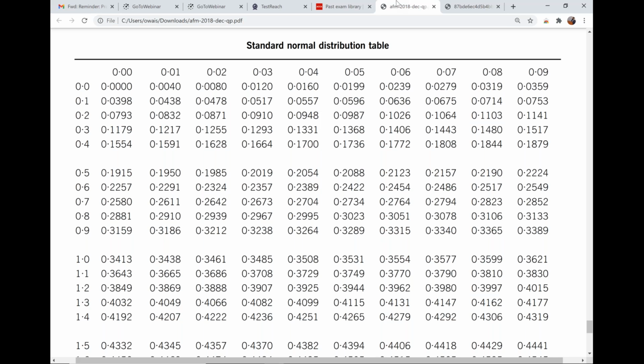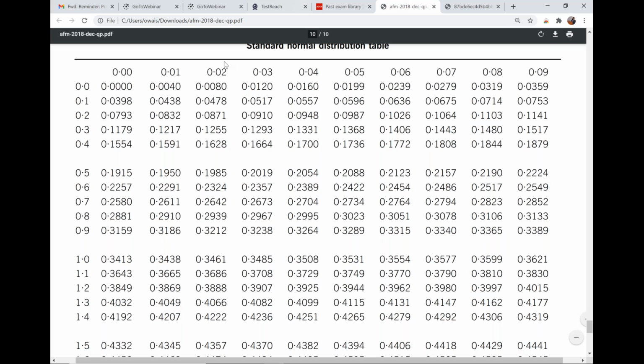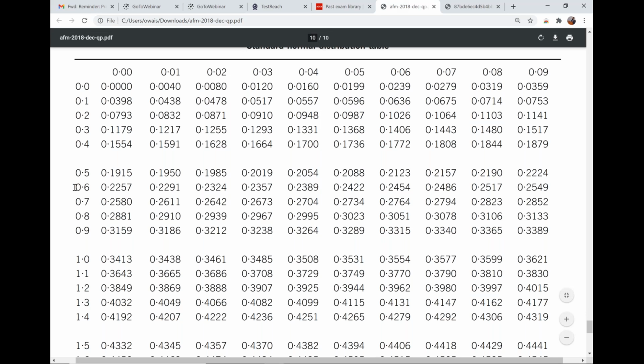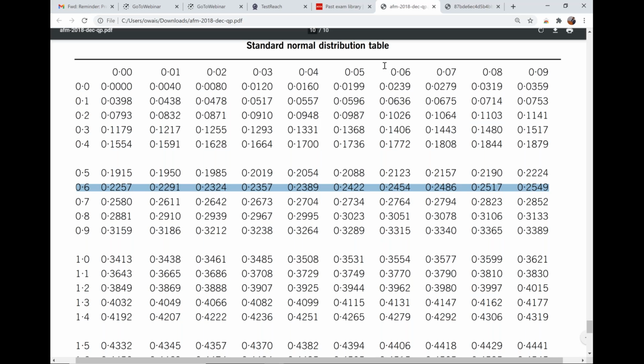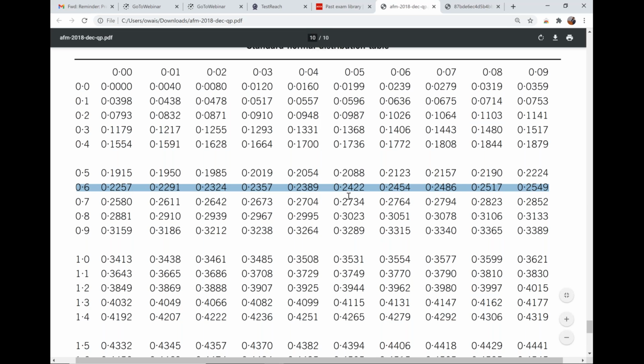So 0.6 is this row, and go to the 0.05 column. As you can see, in rows there are single digits, in columns there are double digits. At the intersection of 0.6 and 0.05, I am finding 0.2422.